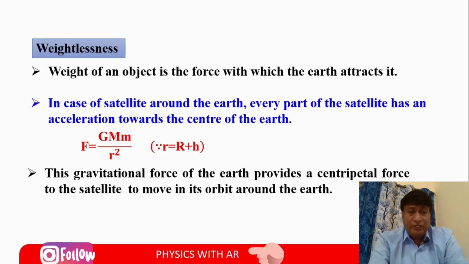Whenever an object is rotating, it requires some centripetal force. The gravitational force of Earth provides the centripetal force to the satellite to move in its orbit around the Earth. This you have also already seen, F is equal to mv square by r.